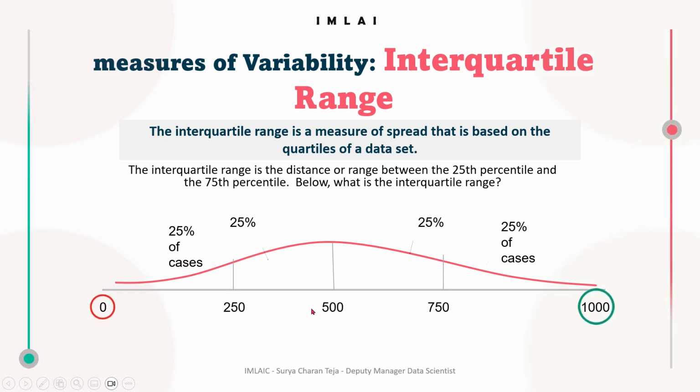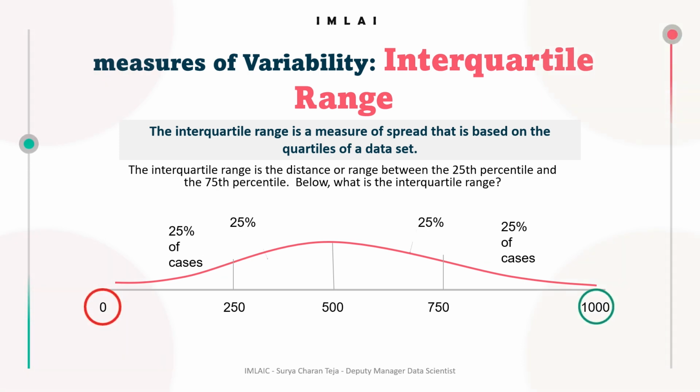The range between the 25th percentile and the 75th percentile is our interquartile range. So 750 minus 250 is equal to 500, and this is the interquartile range. This location, exactly from here to here. So this is our interquartile range.